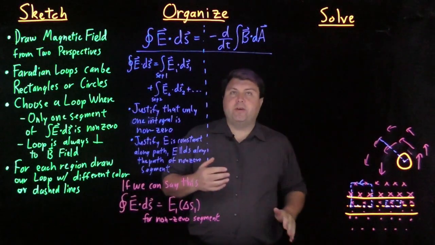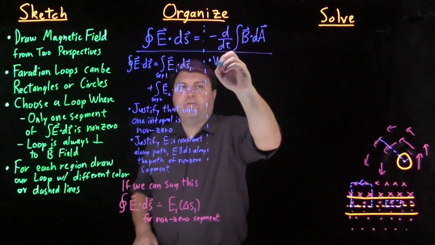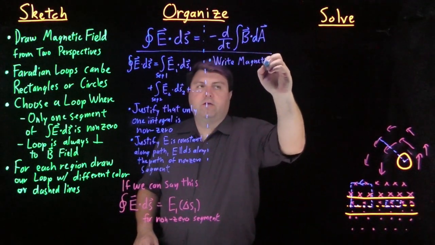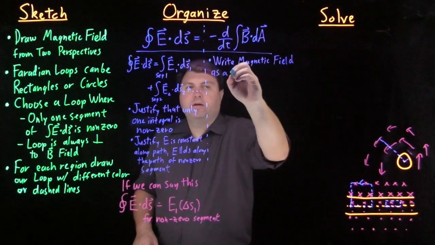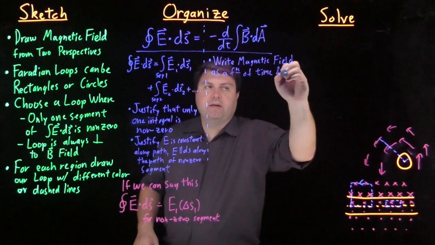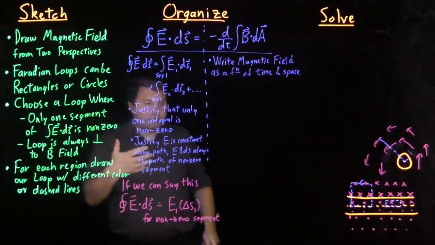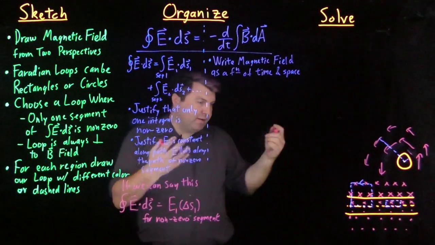For our negative integral of B dot dA, we first want to write our magnetic field as a function of time and space. So in this case, we're going to have a much more complicated magnetic field than what we normally deal with, but that's fine.